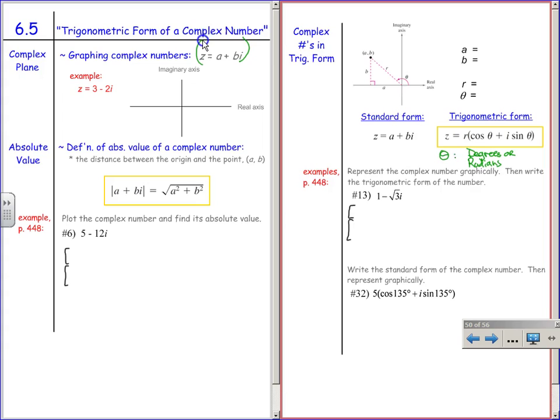When you have your calculator on your desk for the test, which you're allowed to have for the entire test, you should be in degree mode the whole test unless you come to a complex number, and then you might need to go to radians.